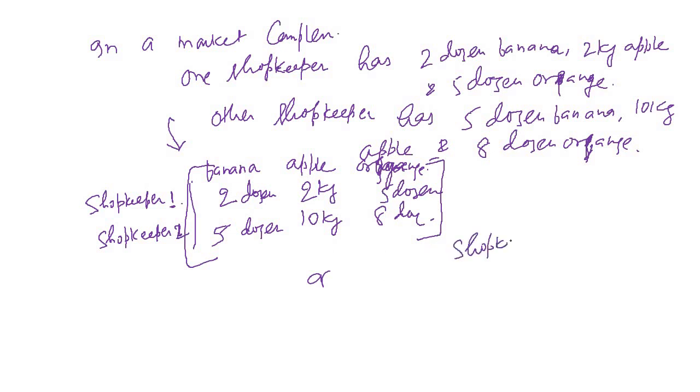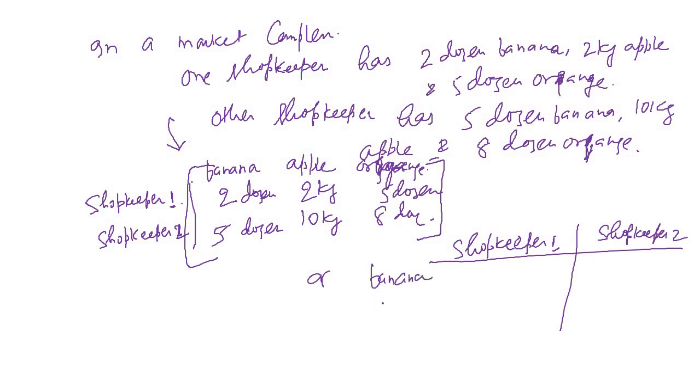You can represent it like this also. Give the description of the shopkeepers in a vertical line, shopkeeper 1 and shopkeeper 2, and here the description of the fruits they have: banana, apple, orange.